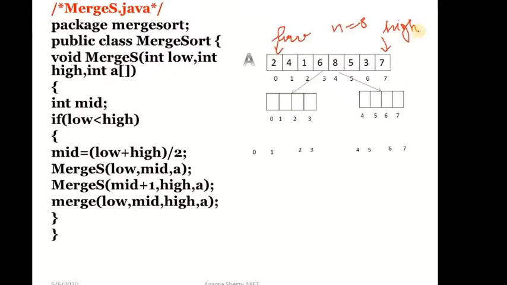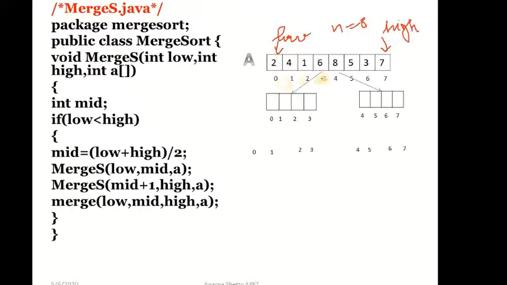Now, in merge sort, we will break this problem into sub-problems. First our job is to break this array into sub-arrays, that is, you have to break the array into 2 equal halves. To do that, I have to find the mid position. Here the mid position is 3.